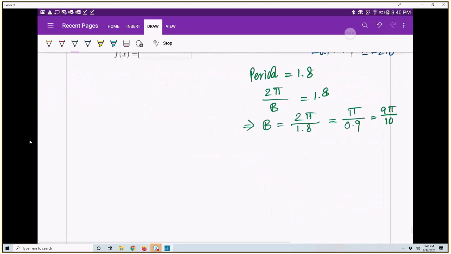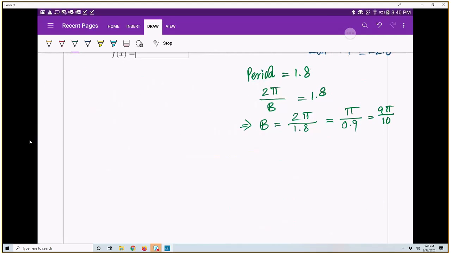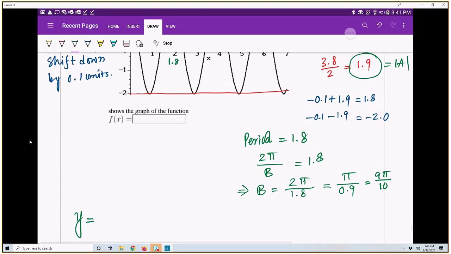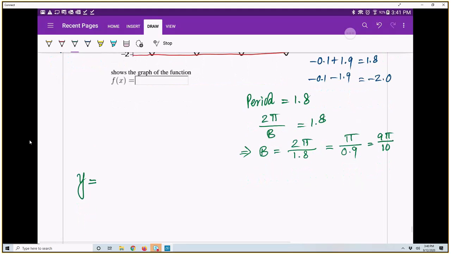So what do I say? I write my function as y equal to the a value, that's the amplitude, which is 1.9, positive with no reflection. It is a cosine function, so cosine times, now you do bx minus c. Well, b we found out to be 9 pi over 10, x minus c is 0 because c we found to be 0, no phase shift.